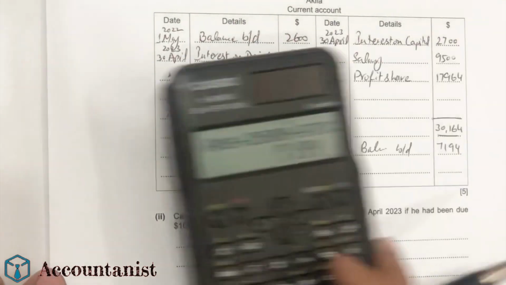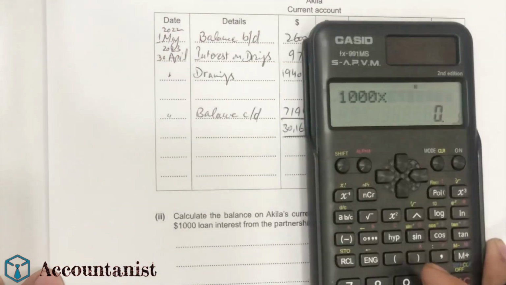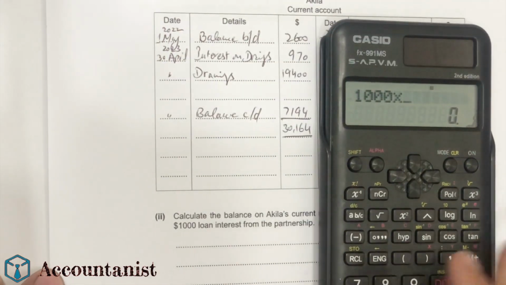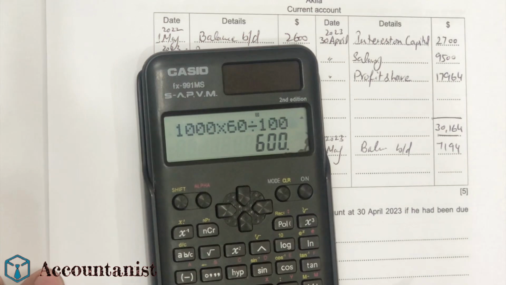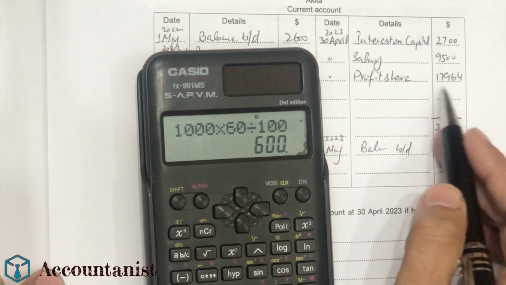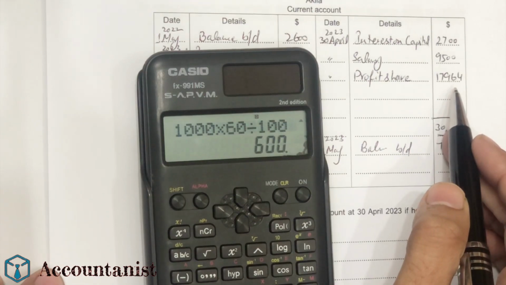Because of this expense of 1,000, we have to solve only for Mr. A, and the share of A was 60%. So we'll take 60% of 1,000, so 600 profit share is going to be reduced from the profit that we earn from the business.